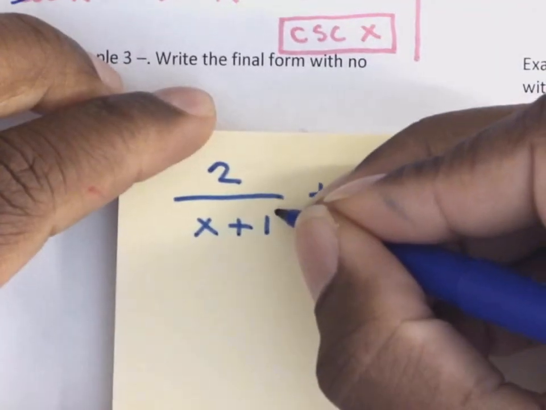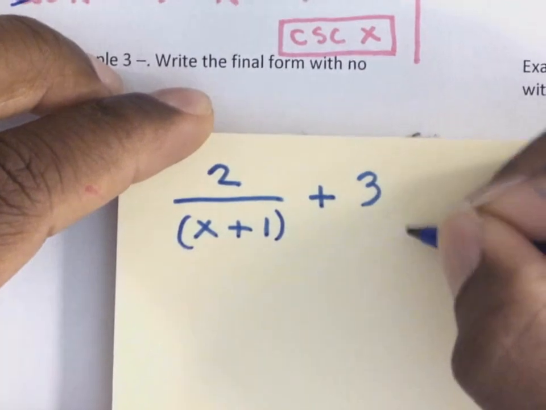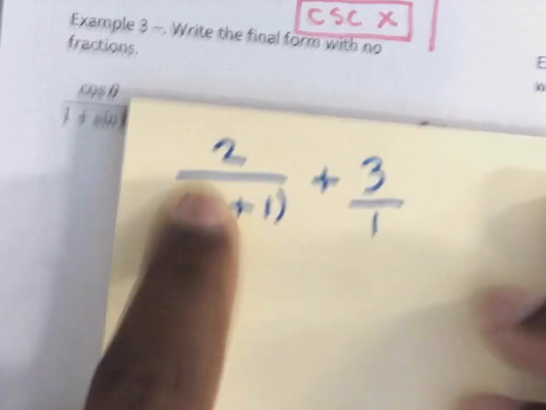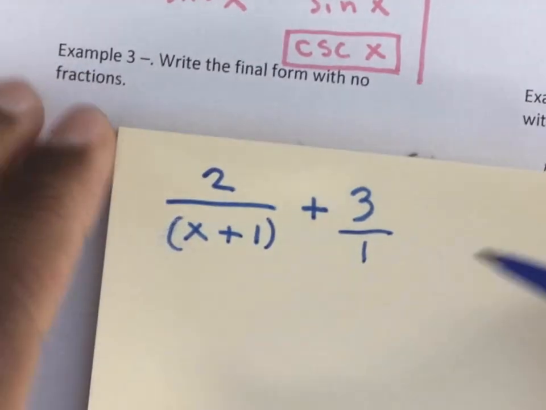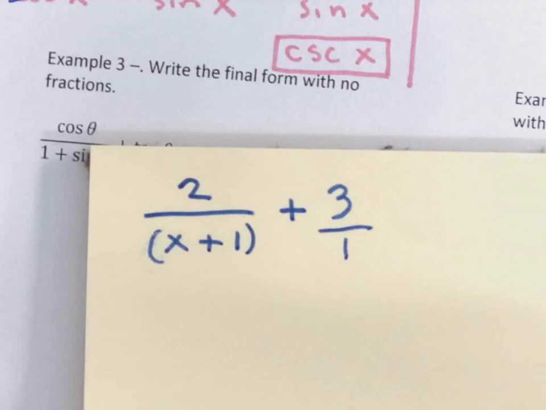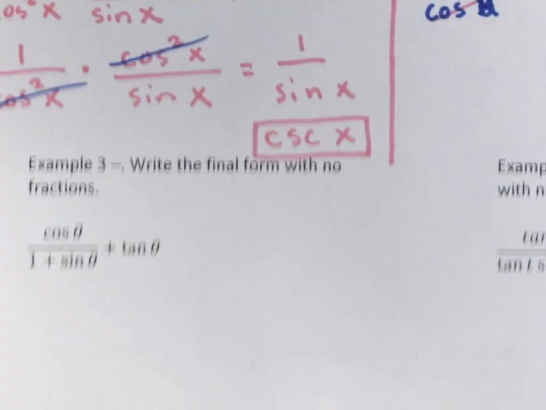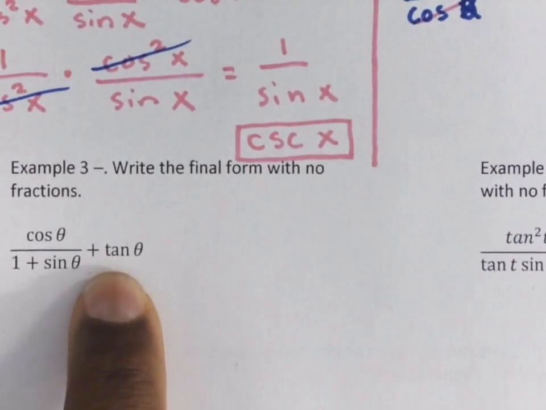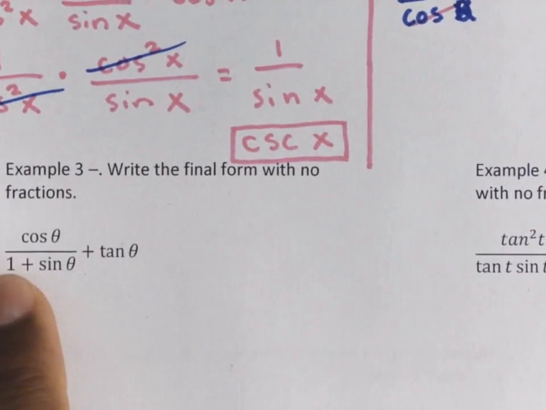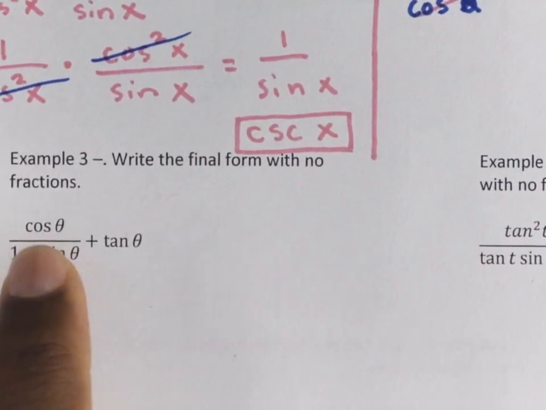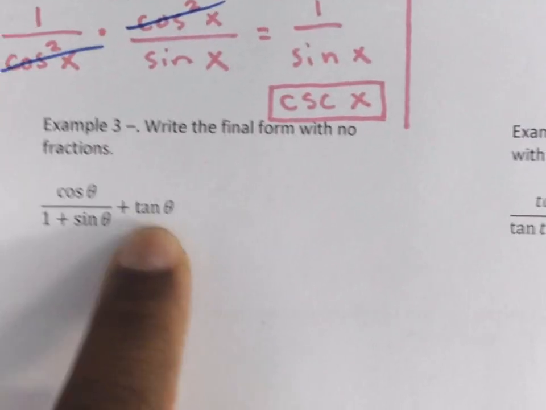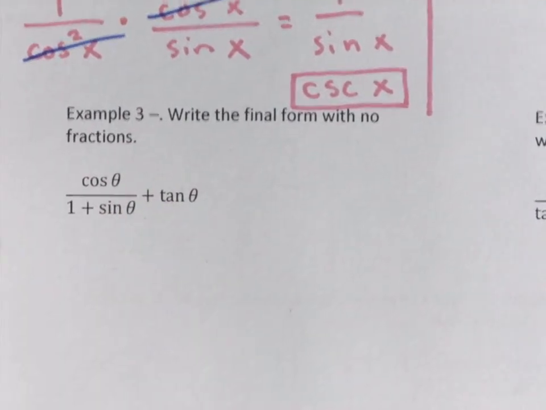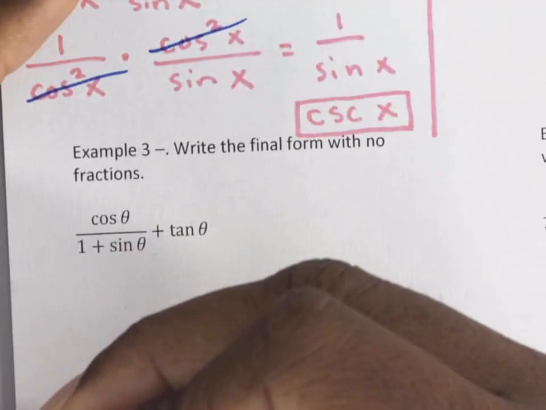I would multiply the top and bottom of this side by the other bottom, but since the other term is just over 1, I wouldn't do anything there. When we go to this one, I need tangent to have the same denominator as the term on the right. Do we want to change it to sine over cosine to get us started? Yeah, let's do that to get us started.